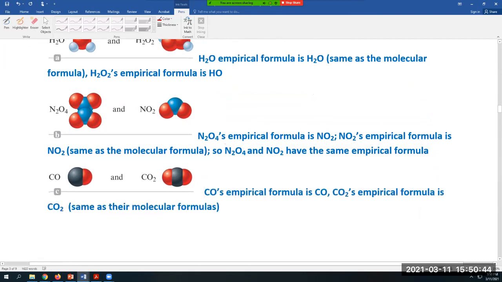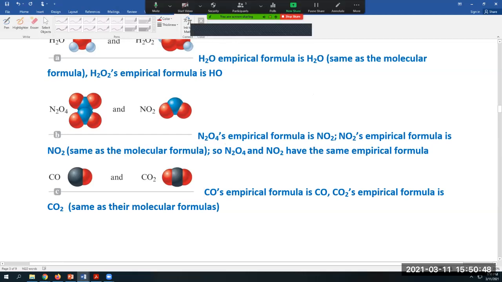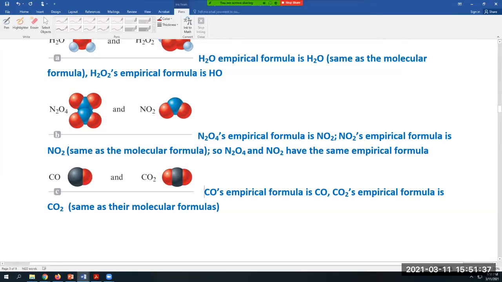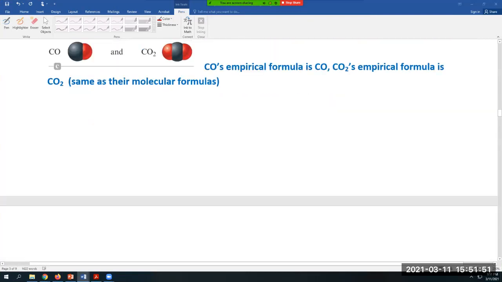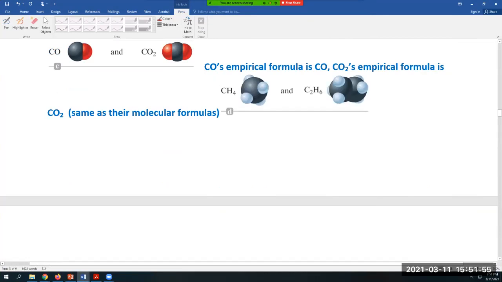So they both have the same empirical formula as their molecular formula. So this pair, CO and CO2, do not have the same empirical formula. It's CO and CO2, which are different. Is there another pair? Yes. So can we fit them here? No.